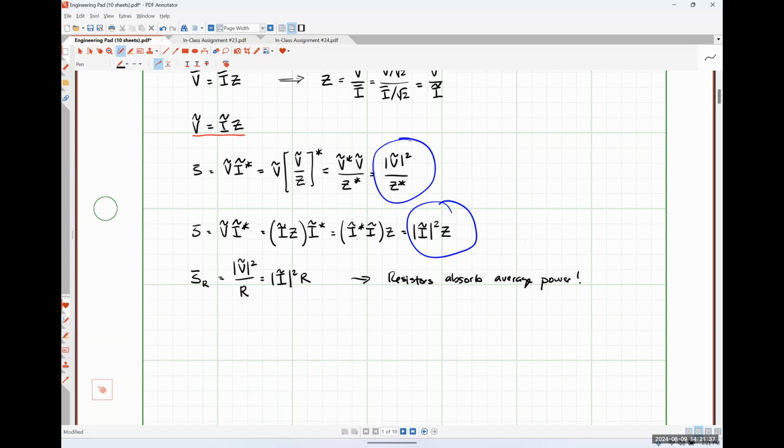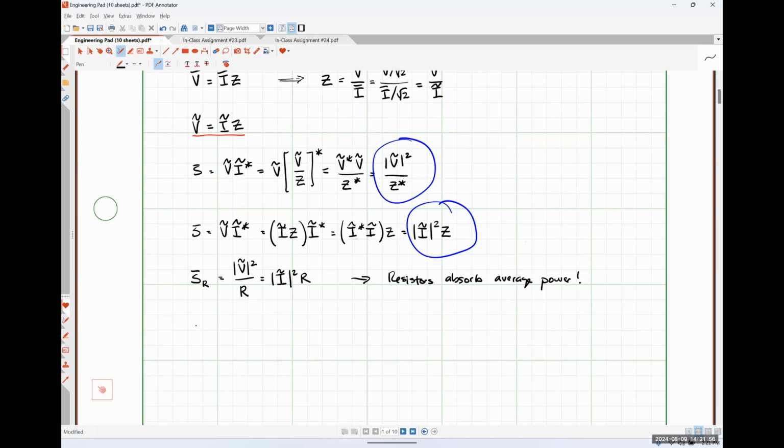They make no impact whatsoever on the reactive power in a system. All they do is contribute to the real part of the complex power. So resistors are principally related to average power only.